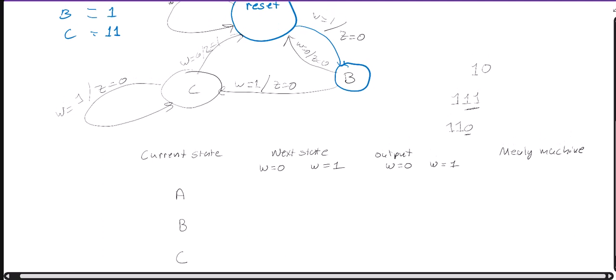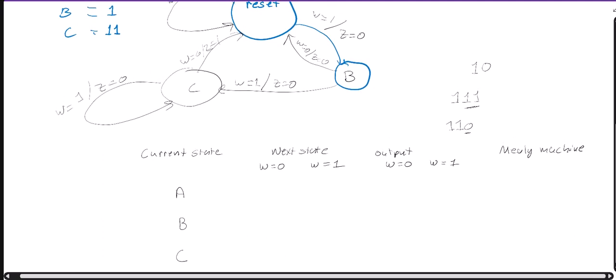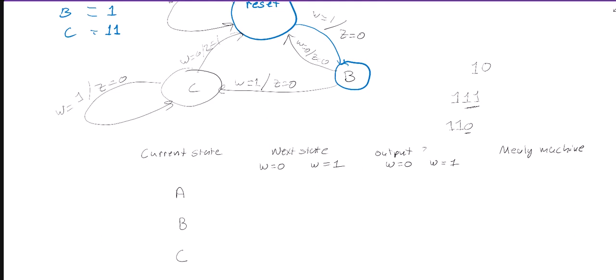So A, B, C. For states A and B, it doesn't matter what my input is, my output is going to be 0. And for state C, my output will be 1 only if I get a 0.